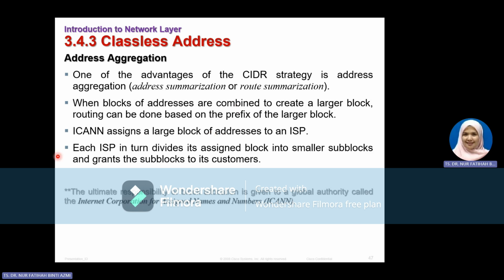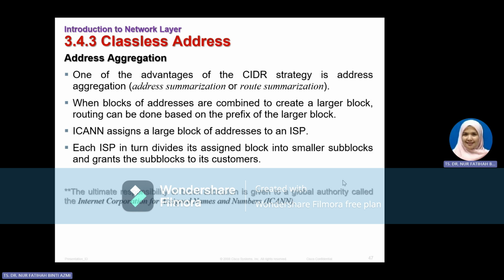For example, a global authority called ICANN, the Internet Corporation for Assigned Names and Numbers, gives large blocks of IP addresses to the internet service providers, the ISPs. Here the ISP acts as the main postal service for different regions.